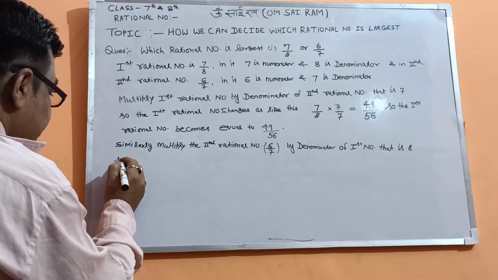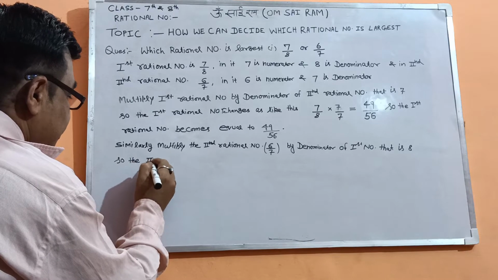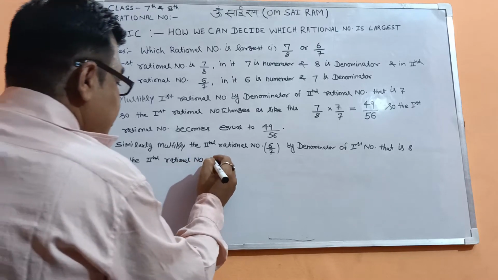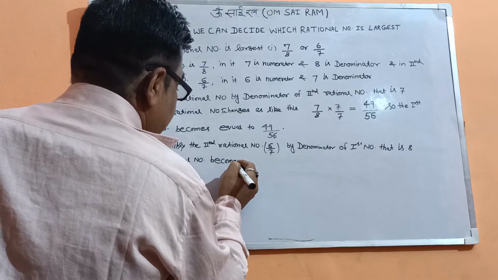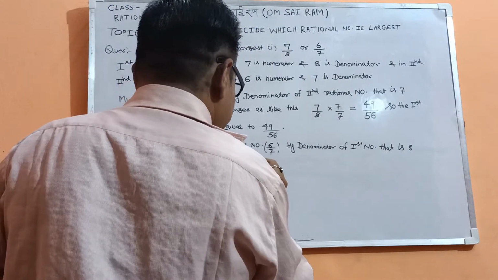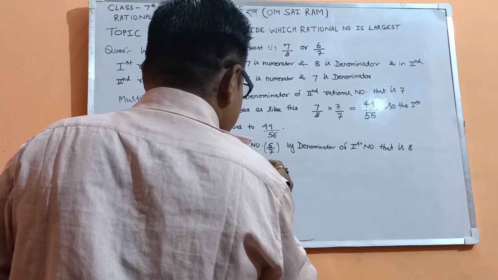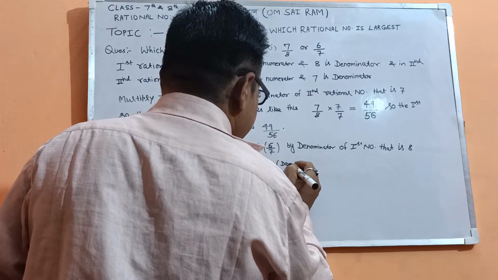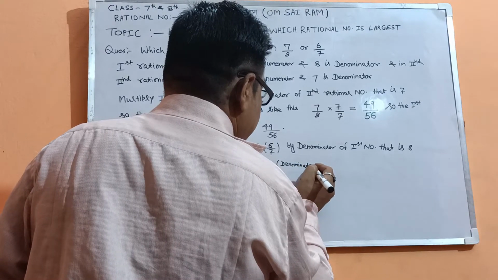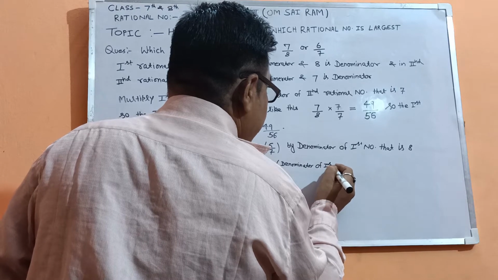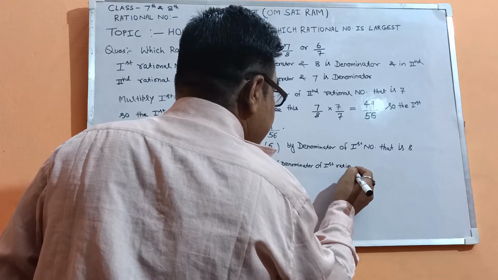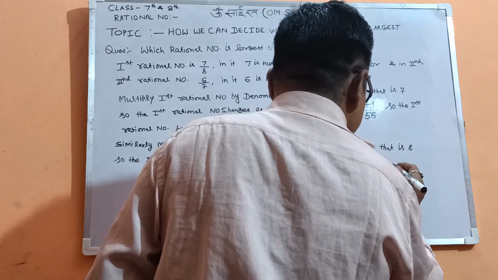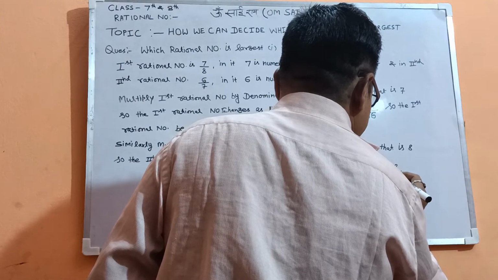So the second rational number becomes 6 by 7 multiplied by 8, which is equal to 48 by 56.